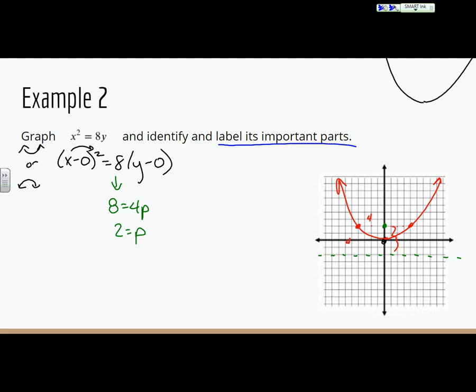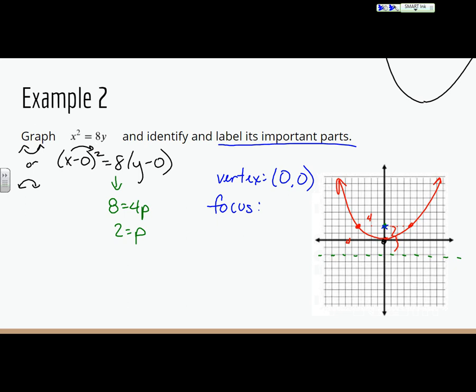On one of the first slides, I said make sure you show me all the important info that's going on. So I'm going to want you to tell me the vertex. Even if the vertex, like this one, is at the point 0, 0, tell me 0, 0. I want you to tell me where the focus is. And this isn't going to change over the next few videos. These are all items that you're going to be telling me. So the focus, it's not 2.